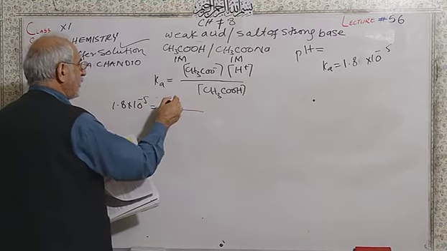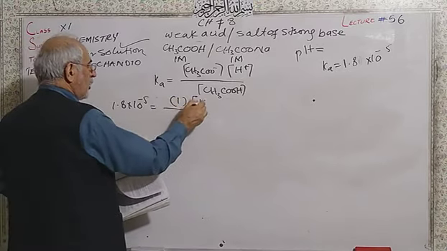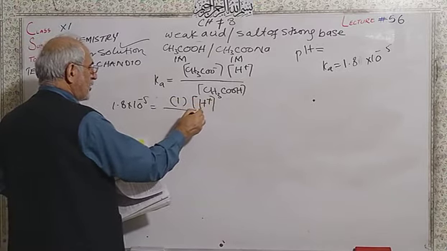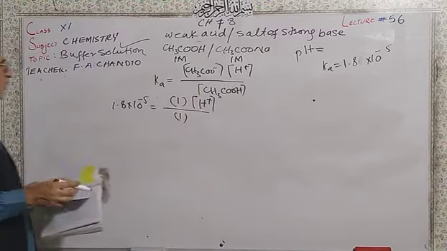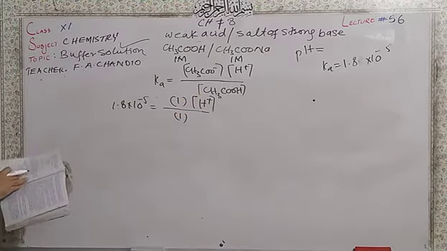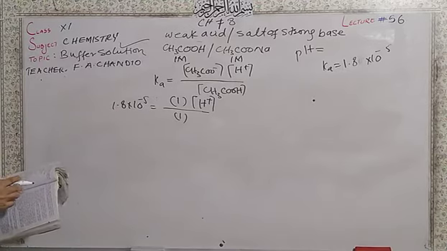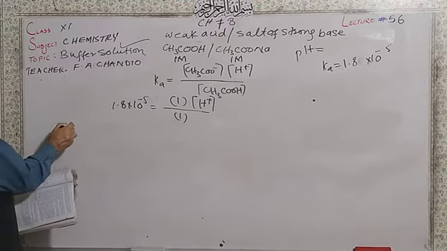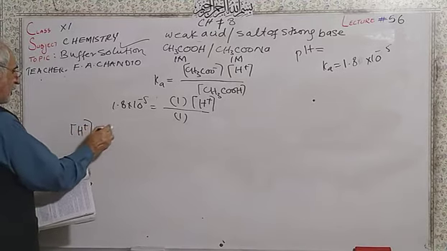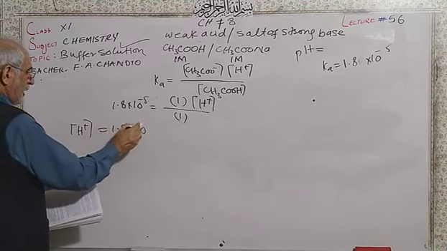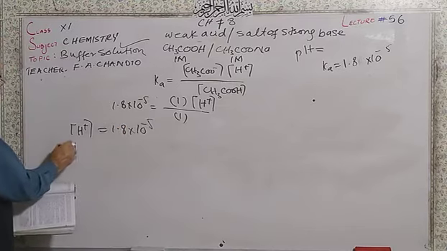The concentration of acetate is 1, and the concentration of acetic acid is also 1. So if you calculate the hydrogen ion concentration, it is 1.8 into 10 raised to the power minus 5.